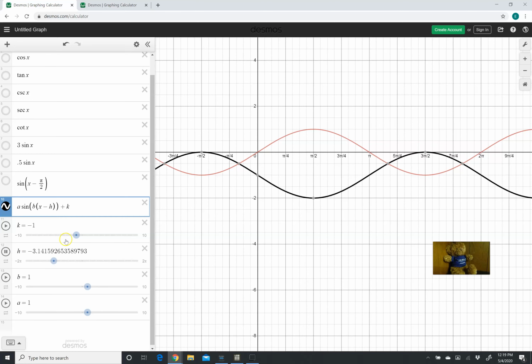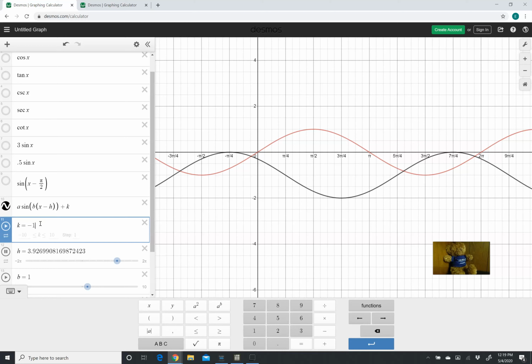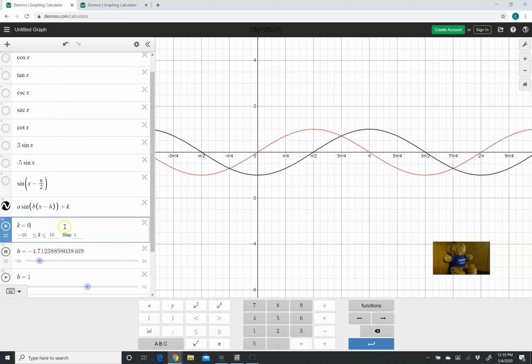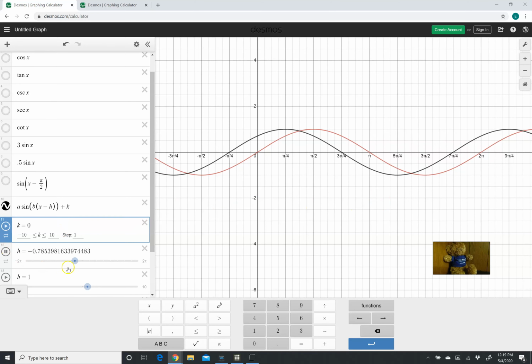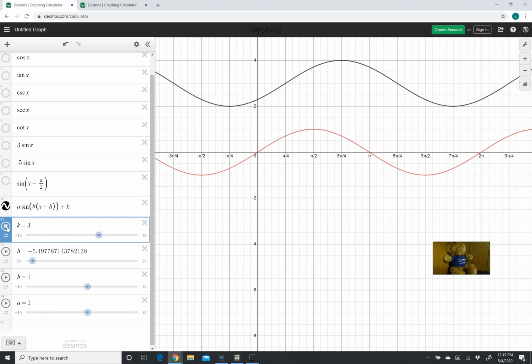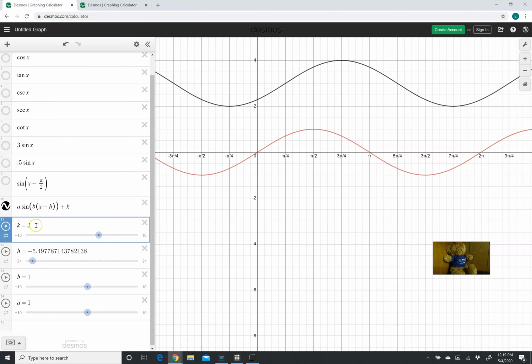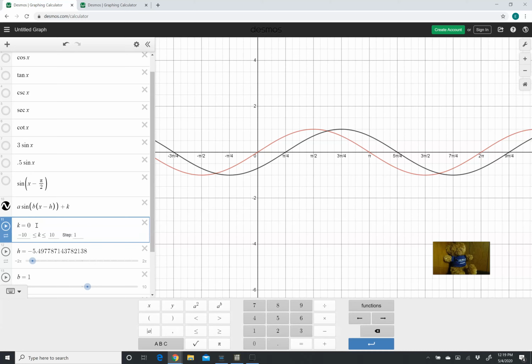Okay, we're moving it left or right. Let's move this back to 0. Sorry about that. Okay, now we got it. So this is moving it left or right, right? The H, it moves it to the left or to the right, okay? Whereas when we move the K, we moved it up and we moved it down, okay? Goes up and down. The H is what is moving it left and right. So let's put these back at 0.